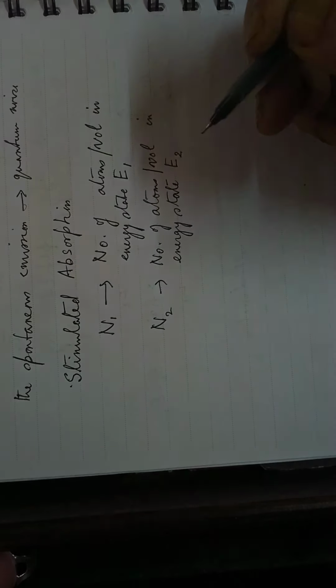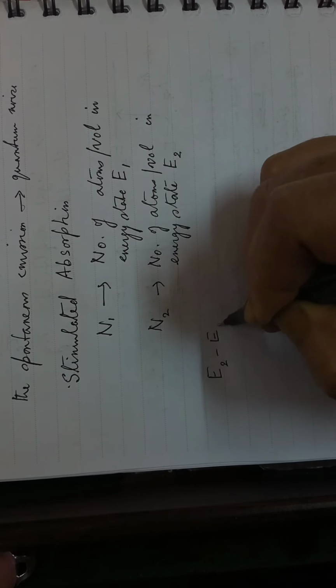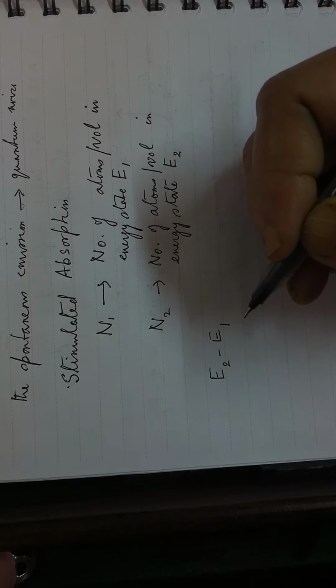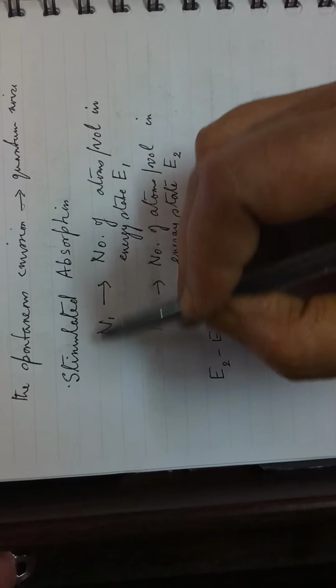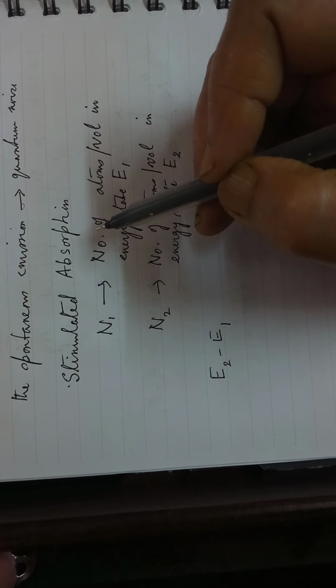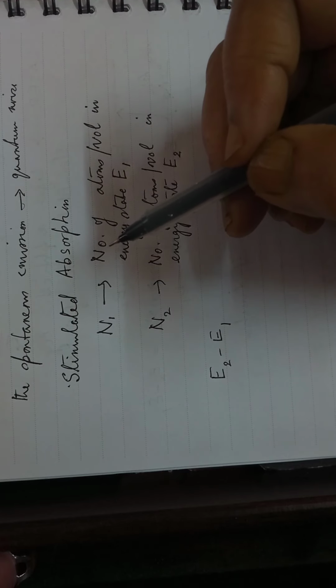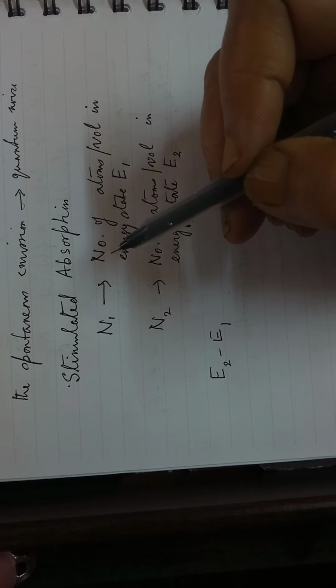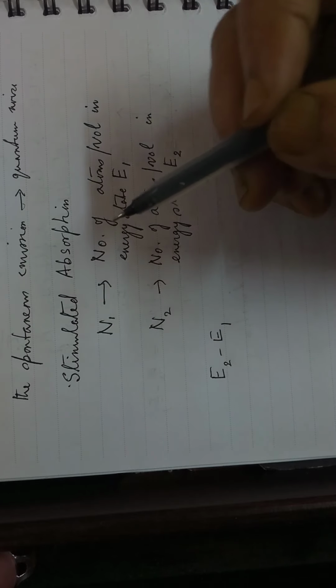Then, if a radiation at a frequency corresponding to the energy difference E2 minus E1 of the two energy states falls on the atomic system, then when stimulated absorption is taking place, what can we say? The probability of the occurrence, suppose I call this P12, is the rate of transition of atoms from state 1 to state 2.